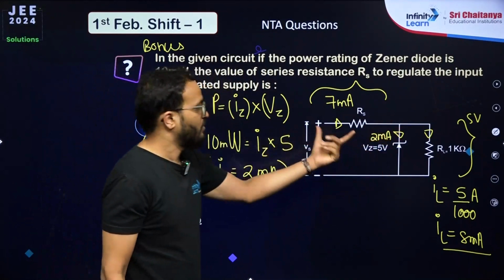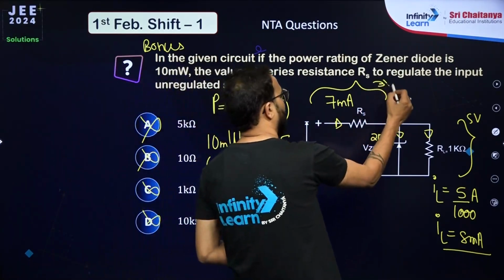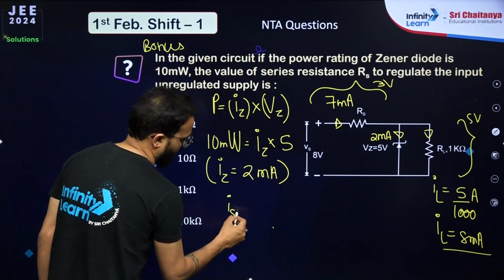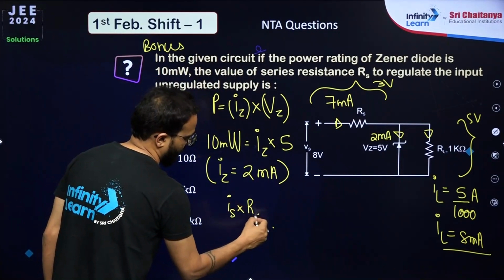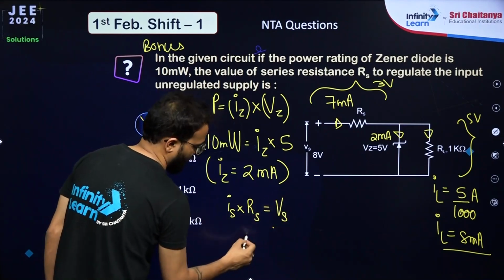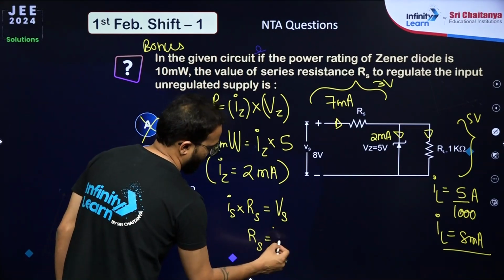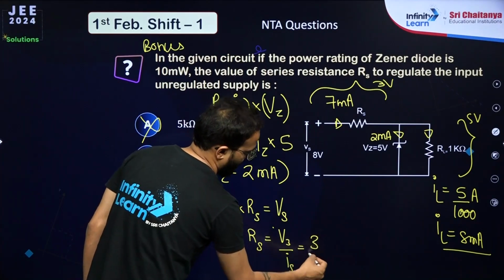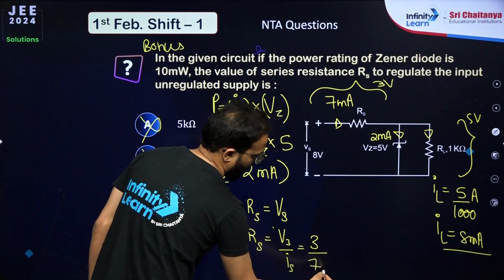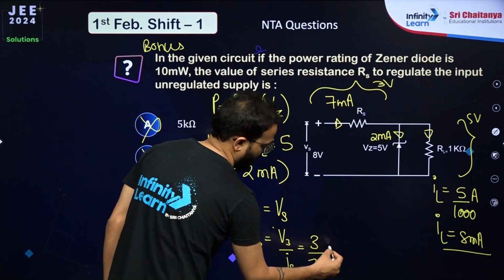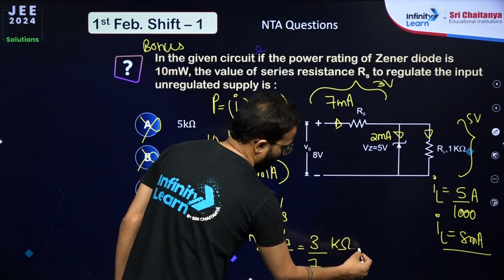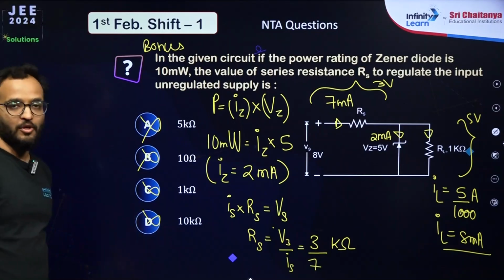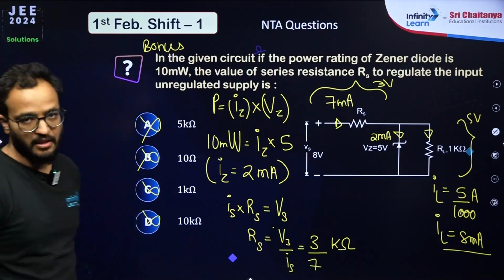This is 5 volts. So what is left here? 3 volts. Right? So finally you will say that IS into RS is equal to VS. So RS will be equal to VS upon IS. It will be 3 upon 7 milliampere, so it will be in kilo ohms. So it will be 3 by 7 kilo ohms, which does not match with any of the options, and hence it was under the bonus category.